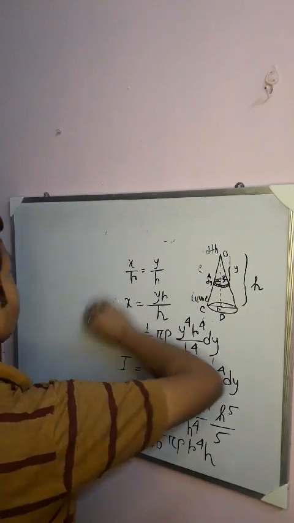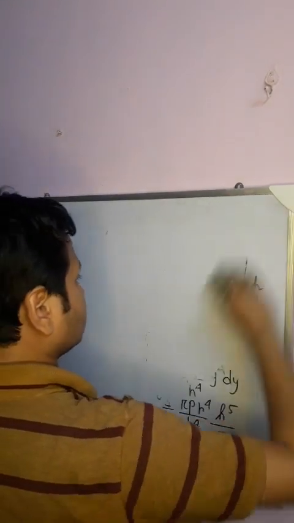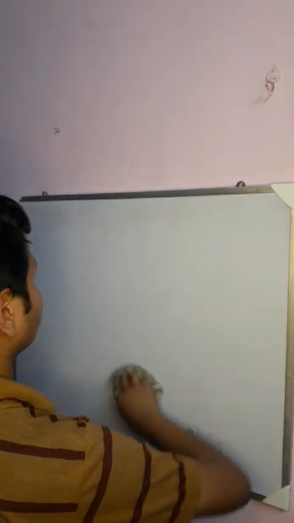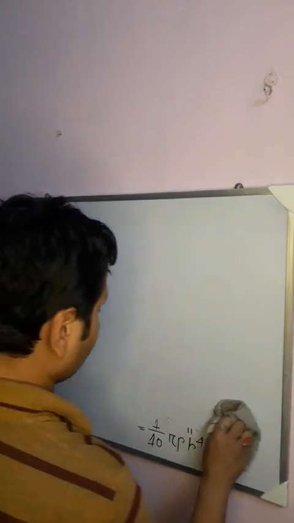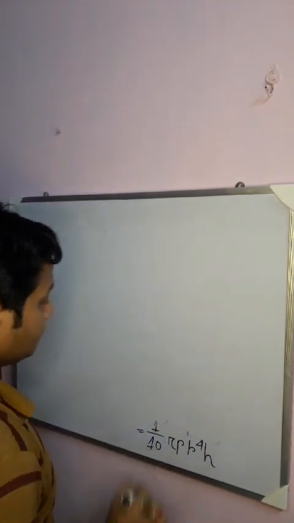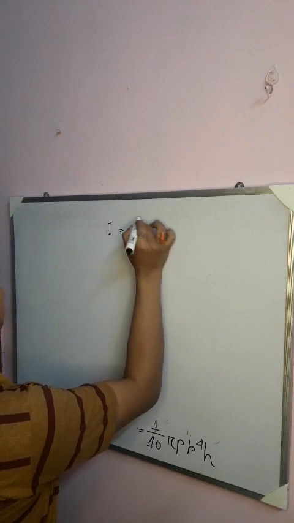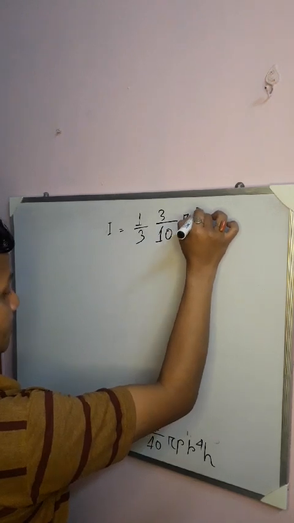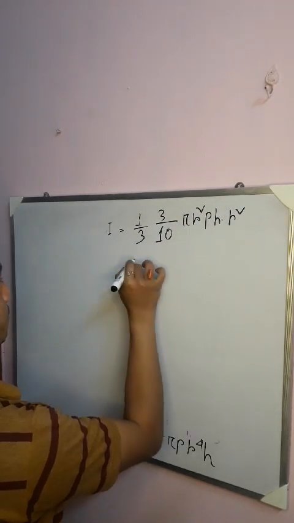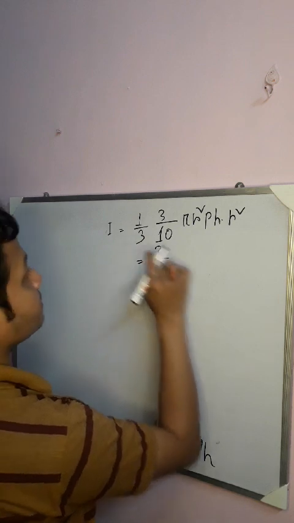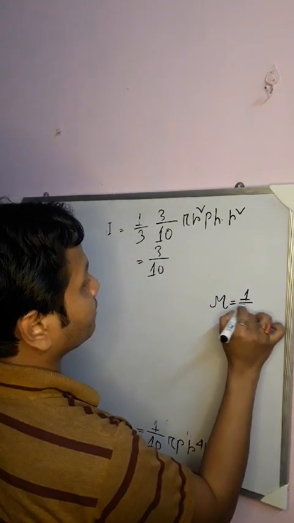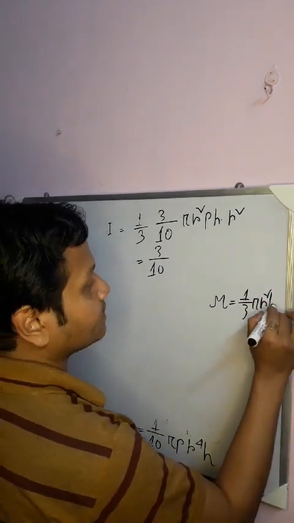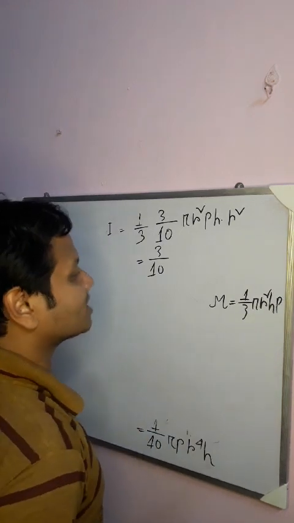We do simple geometry. You have to practice these things, otherwise it is too difficult to recall the formulas. So we can rearrange it: 1 by 10 can be written as 3 by 10 times 1/3 pi r square h rho into r square. Here 1/3 pi r square h is the volume of a cone of radius r and height h, and rho is mass per unit volume, so that is the mass of the cone.